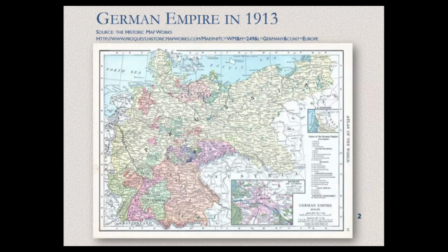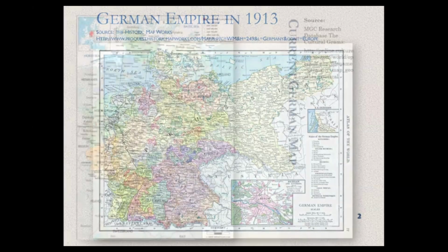So it is good to know if your German ancestor came really early, even before Germany was united, and the record says Prussia, for example. Then you know for sure that your ancestor was not coming from Bavaria or Saxony, because Bavaria was never part of Prussia. That map might help you with that.